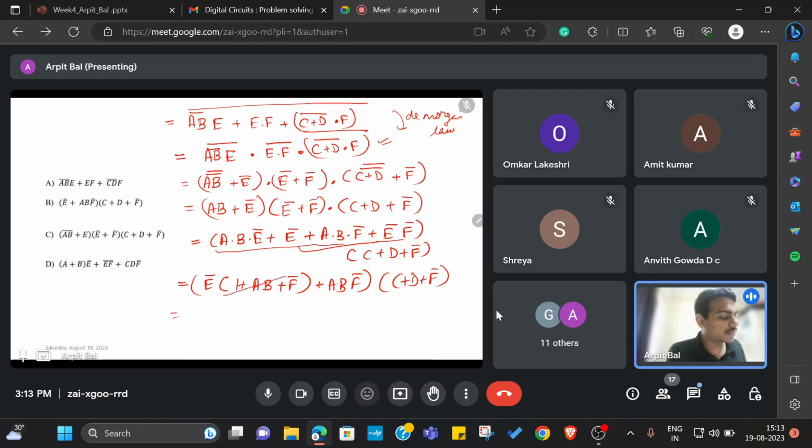Okay, so this will be 1. So x dot 1 is x, so we can write it as E bar plus AB F bar into C plus D plus F bar. So that is option B.